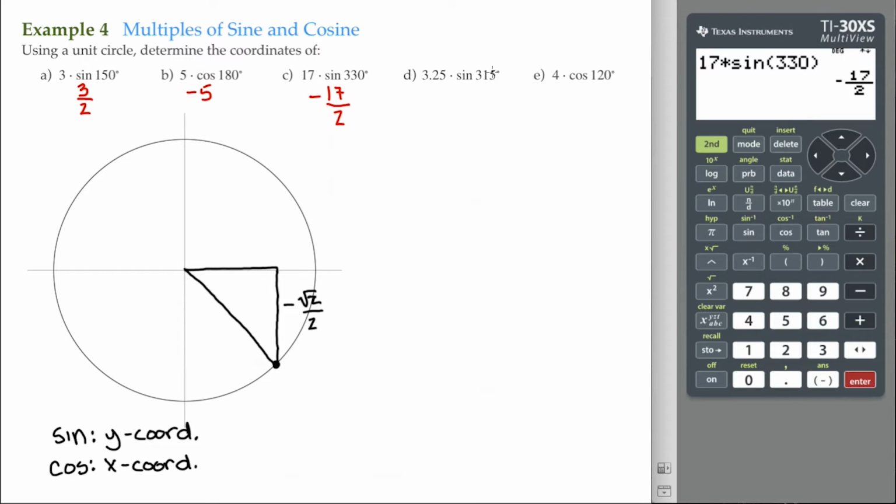3.25 times the sine of 315 degrees. 3.25, that's equal to 3 1/4. And 3 1/4, that's 13/4. So we multiply that to negative root 2 over 2.